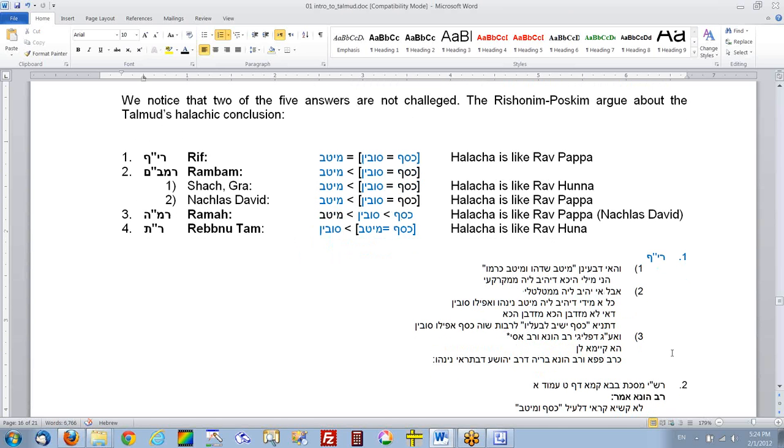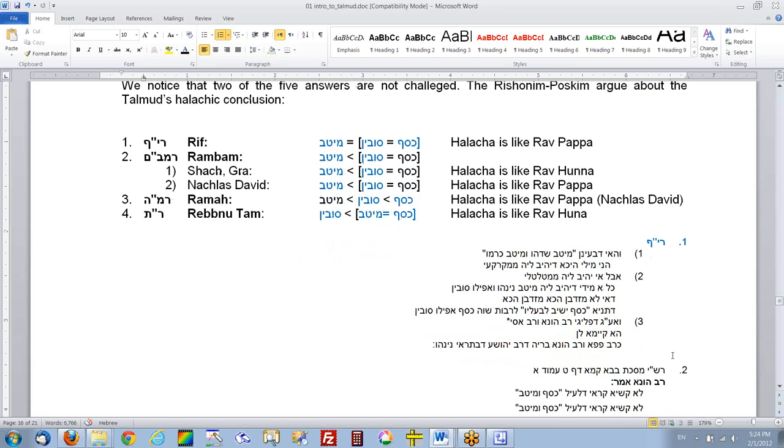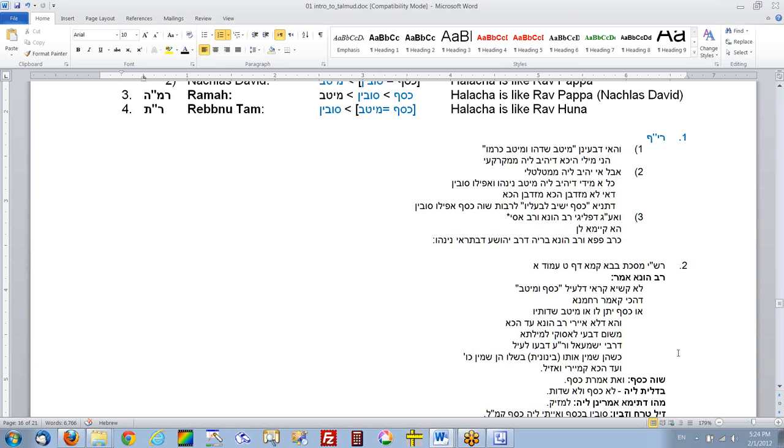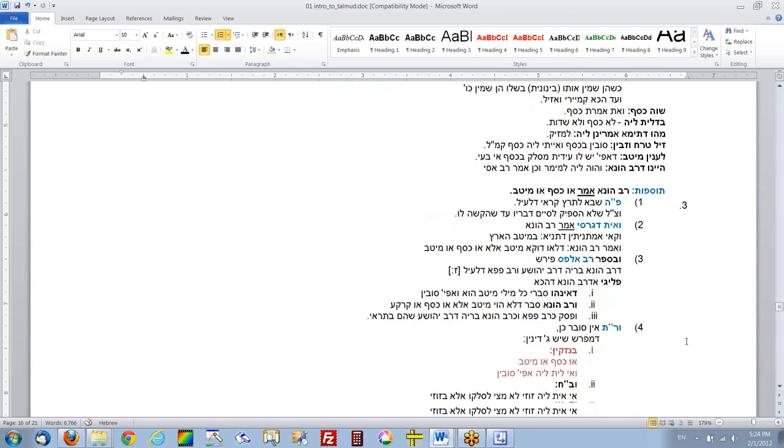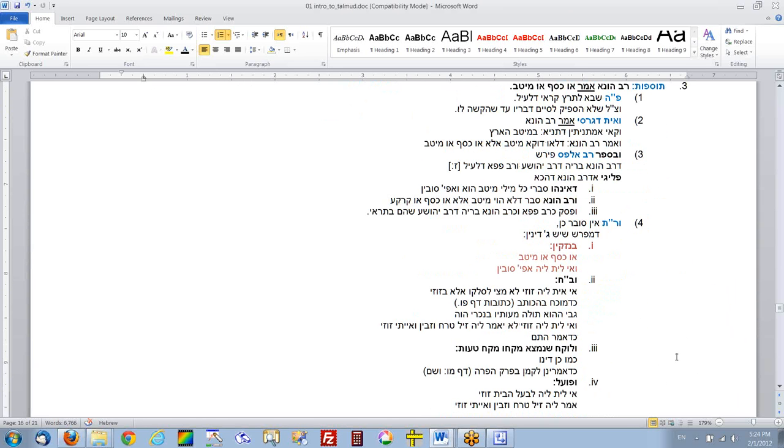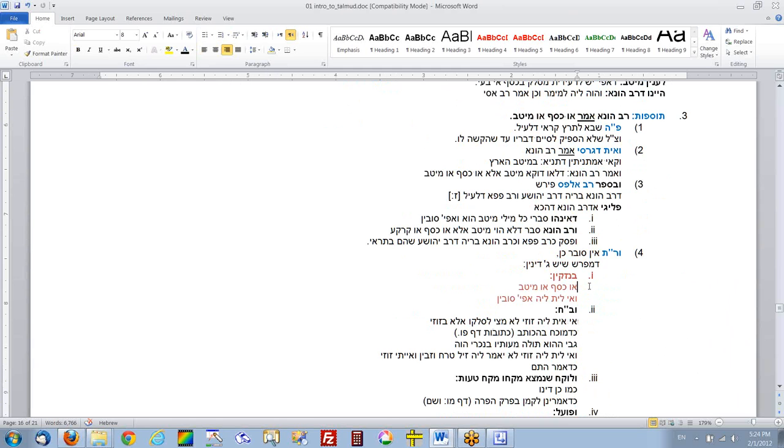Let's look at Rabbeinu Tam. Again, here's what Rabbeinu Tam says about Nizikin. He says, when it comes to the case of Nizikin, kesef or meitav. Your first choice as a payment for damage is kesef or meitav, and if you don't have kesef or meitav, then you give subin.